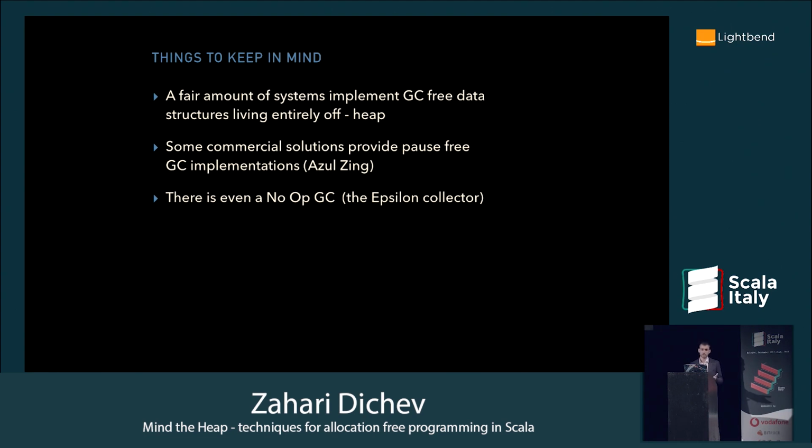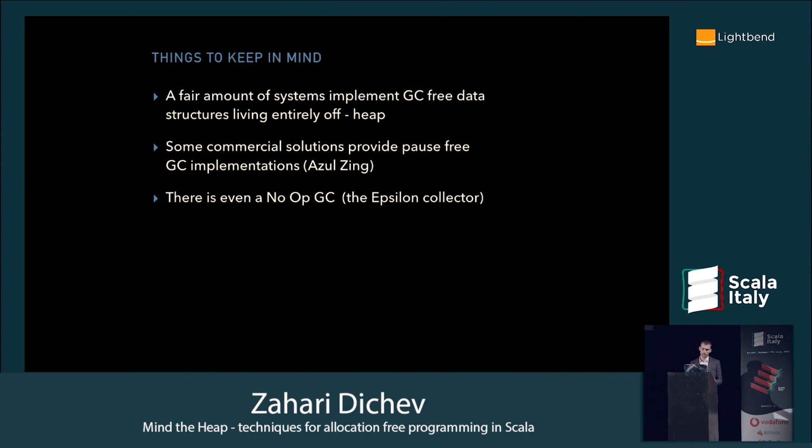And as of recently, there is even a no-op GC implementation for the JDK called the Epsilon collector, which, as a matter of fact, is quite useful if you, for example, are running really short-lived jobs and you don't want to burden your workload with the overhead of GC.